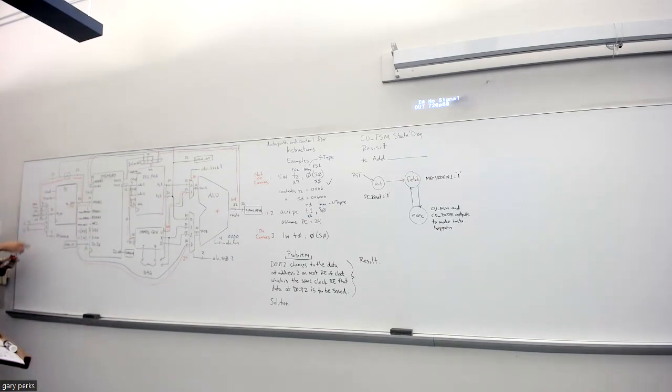So what do we want over here? 0 for PC source, right? Anytime you go into the next instruction, if you're not jumping or branching, you want PC source to be 0. And then also, what do we need? 1 for PC.